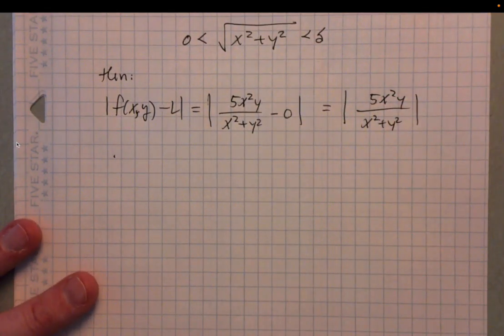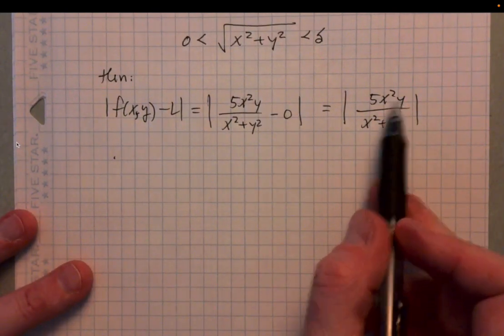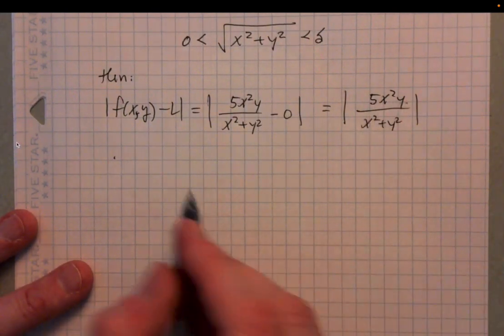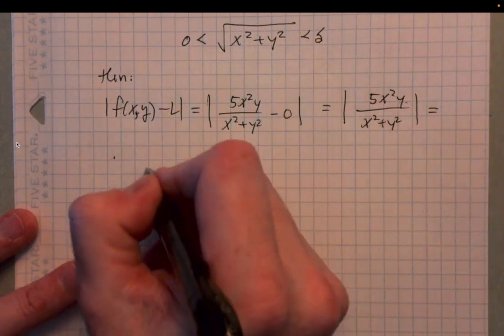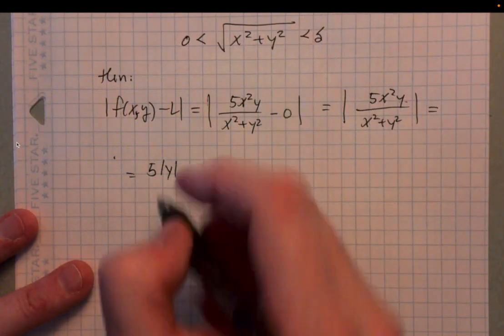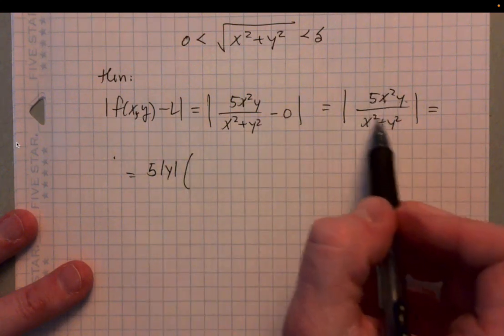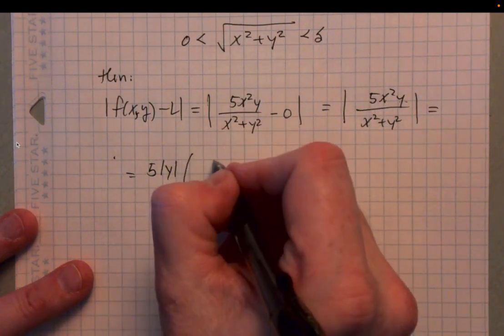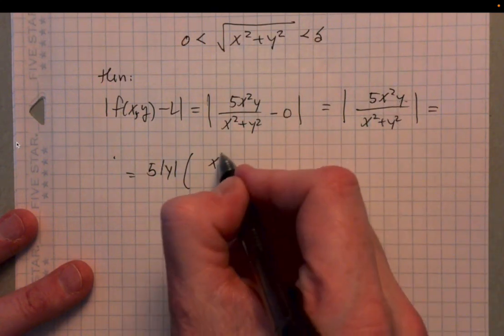Now, we can pull the 5 and the y out of here. When I pull the y out, I have to put it in absolute value, but that allows me to make the rest of it not an absolute value.